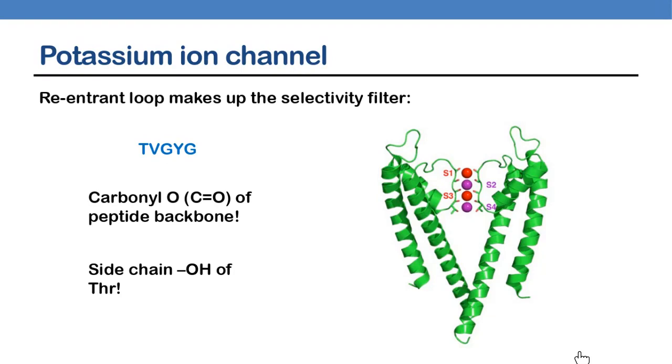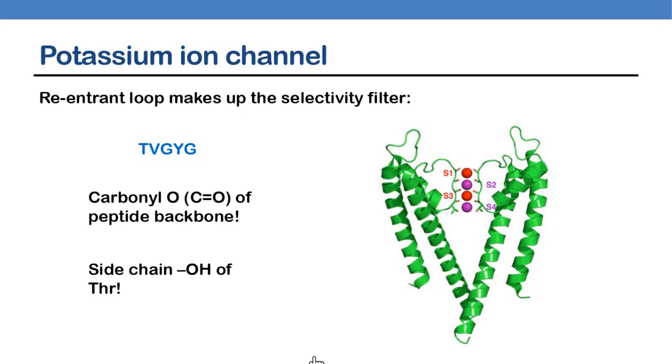So in terms of the potassium ion, as you guys mentioned, we have this reentrant loop, and the amino acids in it are critical for the transport of just the potassium. The one thing to note is it's the carbonyl backbone from most of these amino acids that's contributing to the coordination of these ions. And then we also have the side chain of the threonine that is coordinating it.